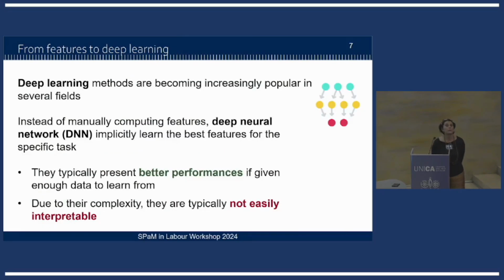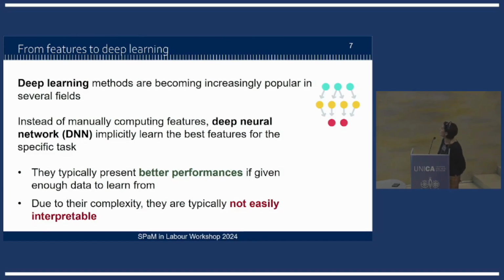So now, what is the new approach? It is based on deep learning methods. They have become very popular. Today, there were a lot of presentations about deep learning, so this is a hot aspect of our work.